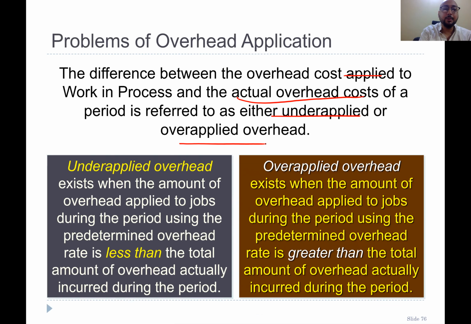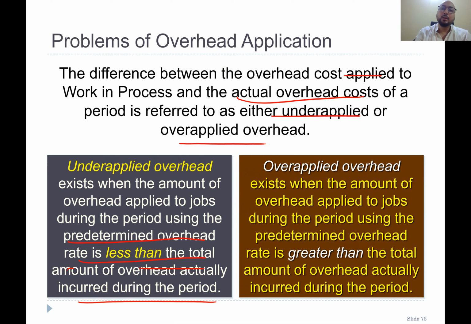What is under applied? Under applied overhead exists when the amount of overhead applied to jobs during the period using the predetermined overhead rate is less than the total amount of overhead actually incurred during the period. It means your actual manufacturing overhead is greater than estimated, which is applied overhead.